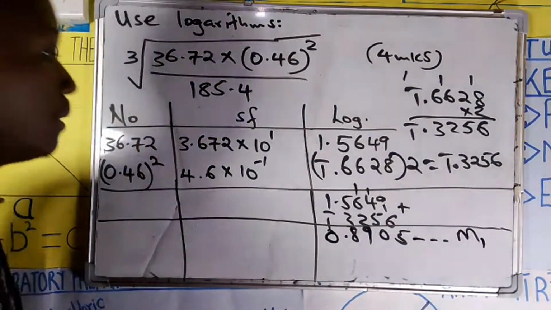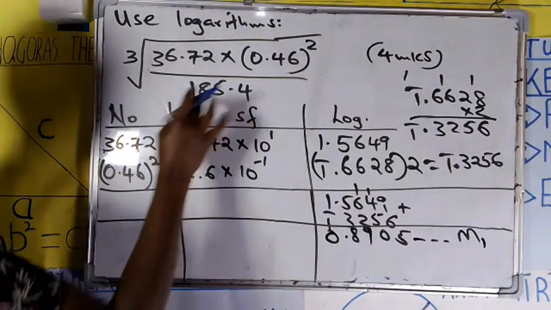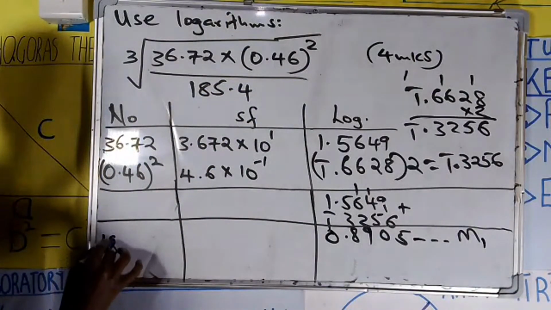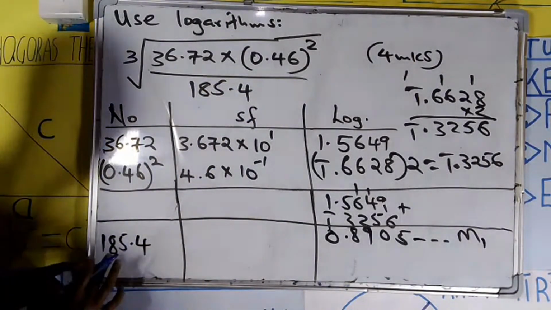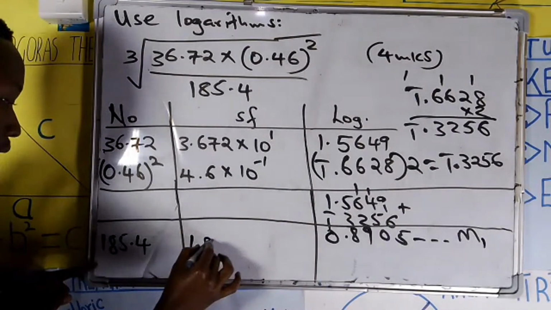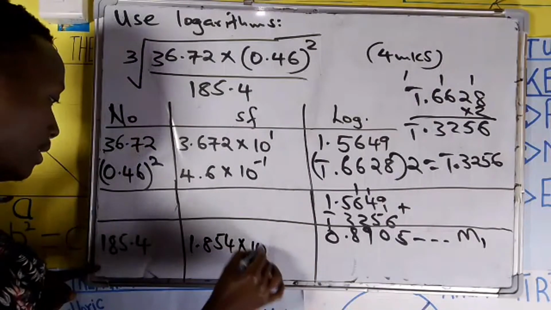Now let us go to the denominator. The denominator is 185.4. So in standard form it will be 1.854 times 10 to power 2.